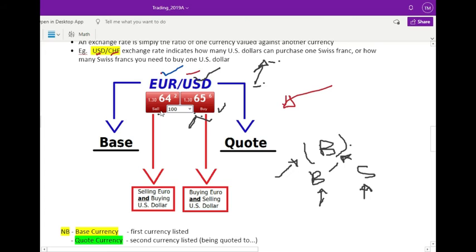So let's talk about this side. When you press sell, what are you doing? The first effect is on the base. You are selling euro, buying USD. I will explain this concept.